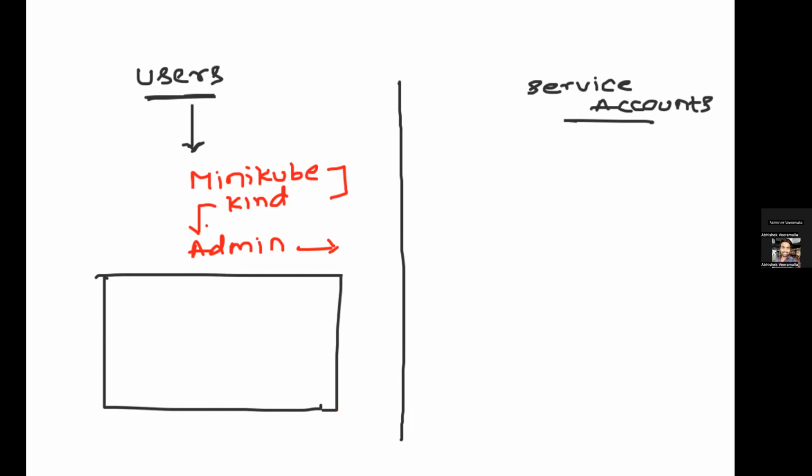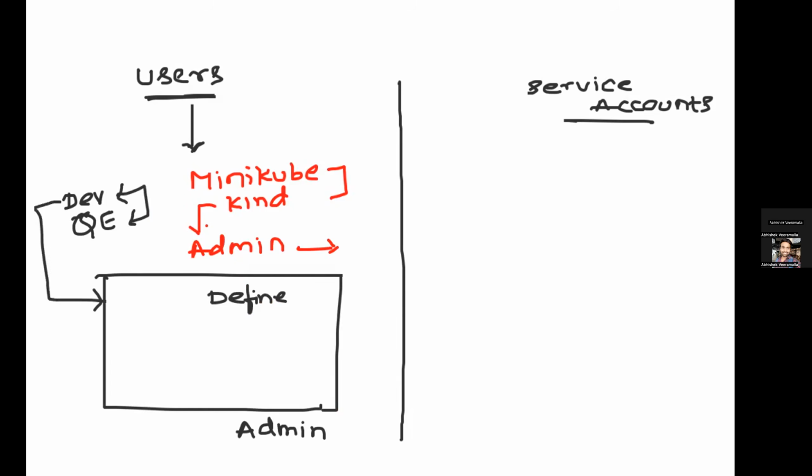As DevOps engineers or Kubernetes administrators, your primary responsibility would be to define access. If there is a development team, if there is a QE team, how do you define what access developers should have on this cluster, and what access this QE engineer should have on this cluster?